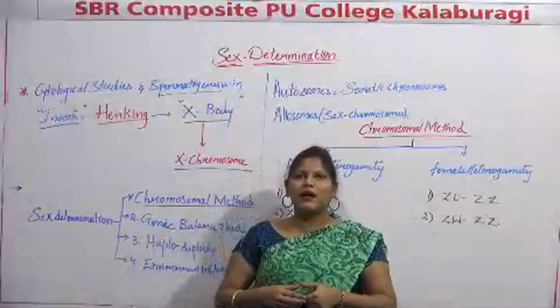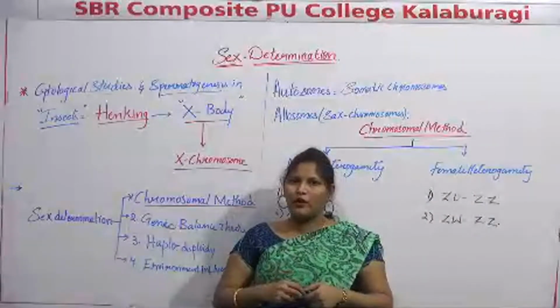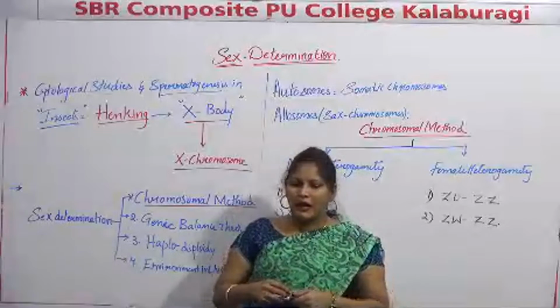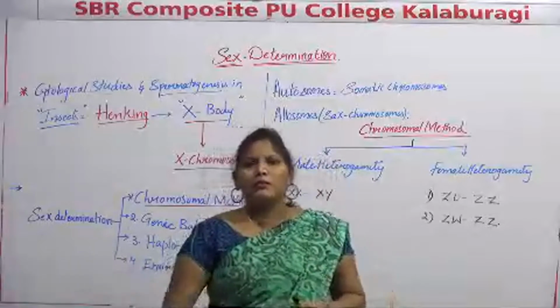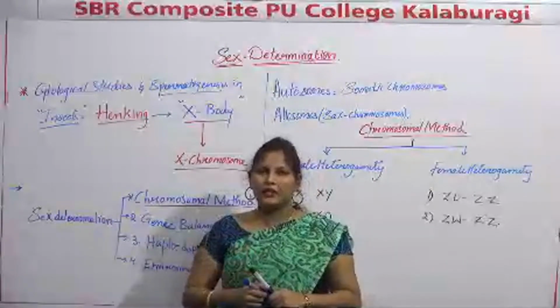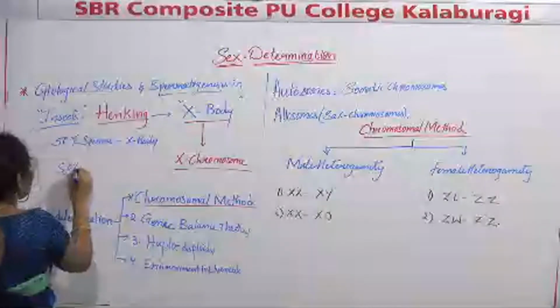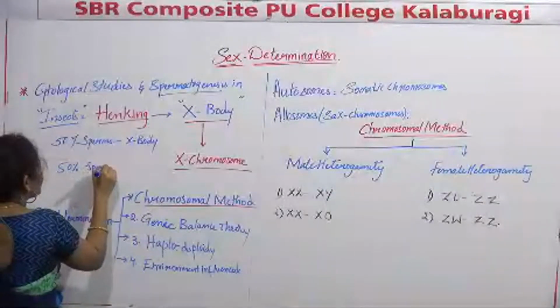Sex determination was first identified by Henking doing experiments on spermatogenesis in insects, and he named that body the X body. He observed that in spermatogenesis, not all the sperms received that X body; only 50% of the sperms were without the X body.